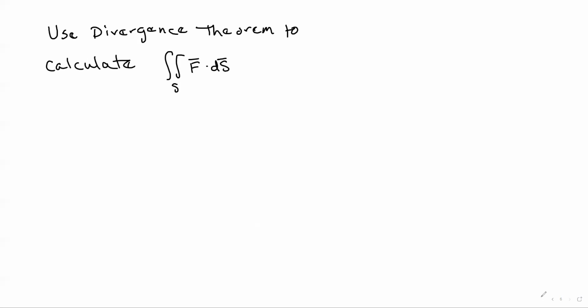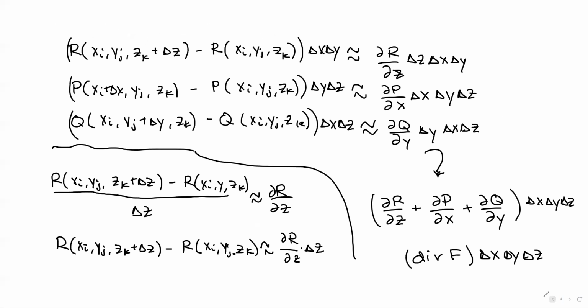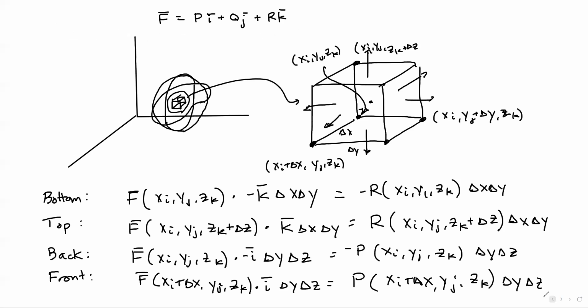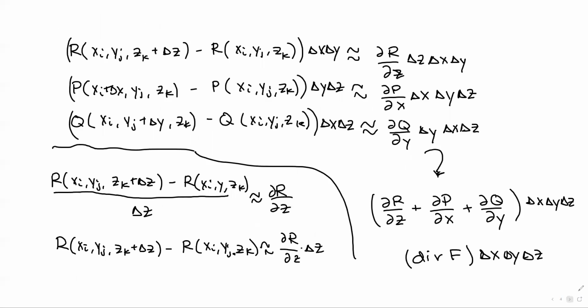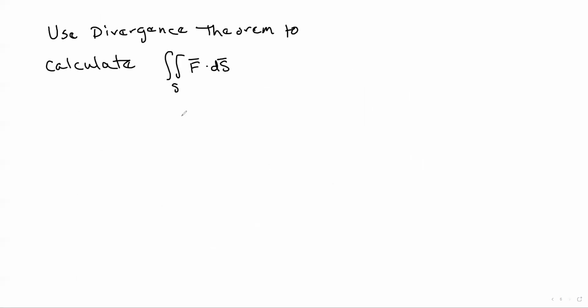Okay, and so we've covered this in the video on Green's and Stokes. If they say use the divergence theorem to calculate this, they don't mean to go through and calculate this directly. They're telling you to use the divergence theorem to calculate the integral of f dot ds. They mean to use the fact that this equals the triple integral. So they want you to calculate the triple integral. And so that's what we're going to do here. We're going to calculate the triple integral side to find the double integral side.